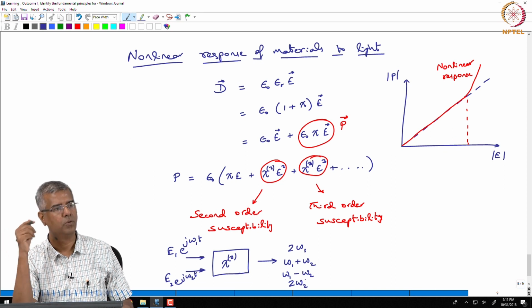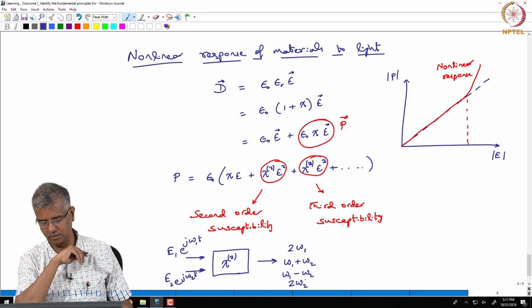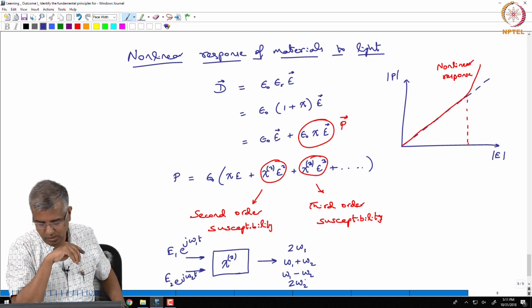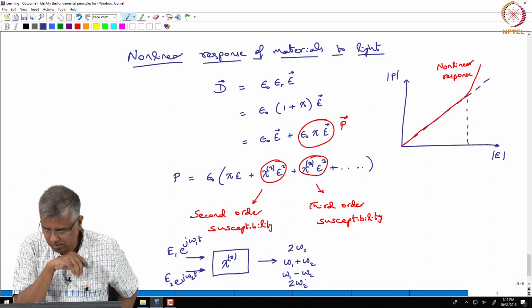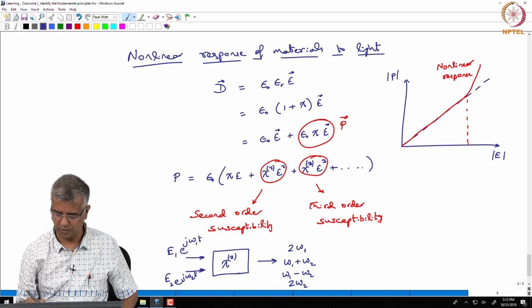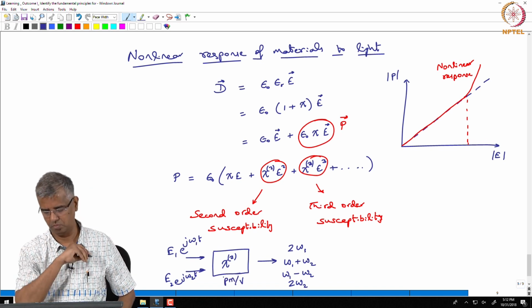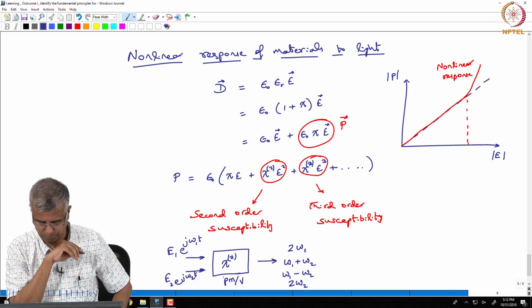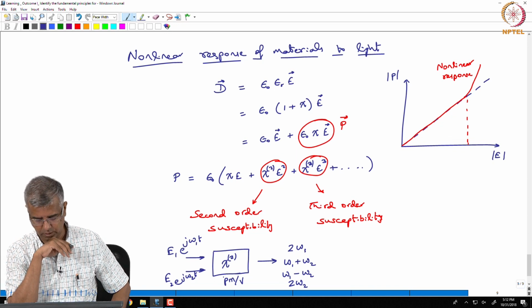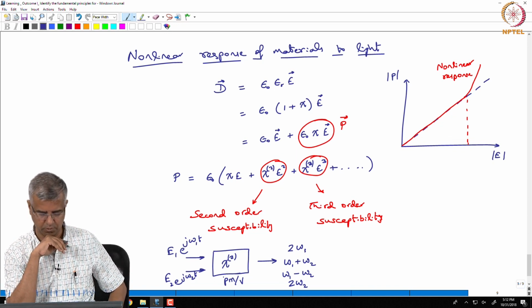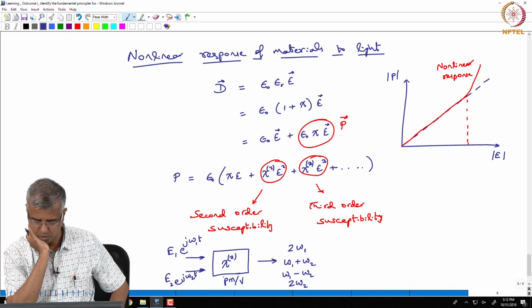okay, once you have this medium which exhibits χ2, and of course, the value of χ2 is very small, right. So, it's in the order of, let's say, picometer per volt, okay. Because χ2 is interacting with the electric field, that's why we are talking about picometer per volt.